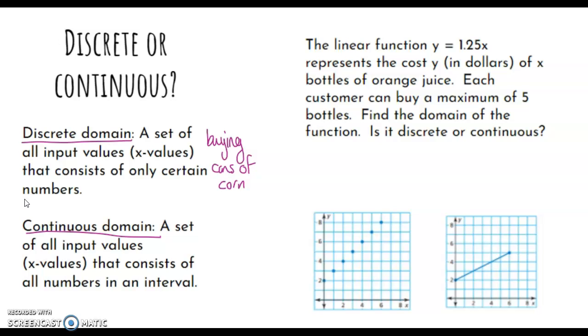Okay, continuous is more like, how about buying apples. Usually when you go buy apples, they're priced by the pound. So it doesn't matter how many you buy, it matters how much they weigh. They may say, hey, they're $2 per pound.